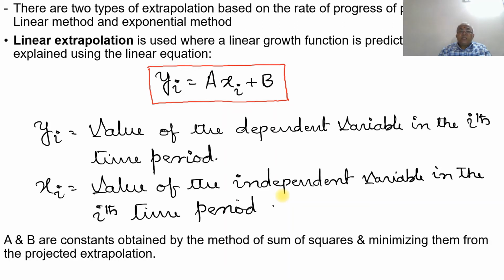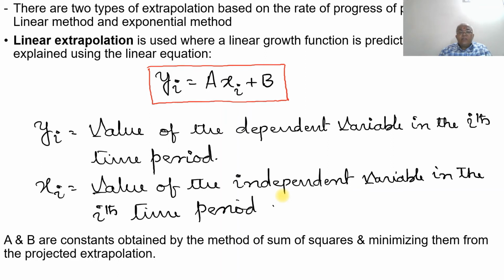A linear extrapolation is used where a linear growth function is predicted. That means y = mx + c. The trend is explained using the linear equation y = mx + c, where m is the slope.